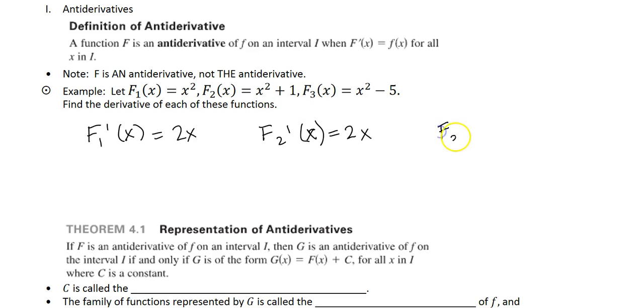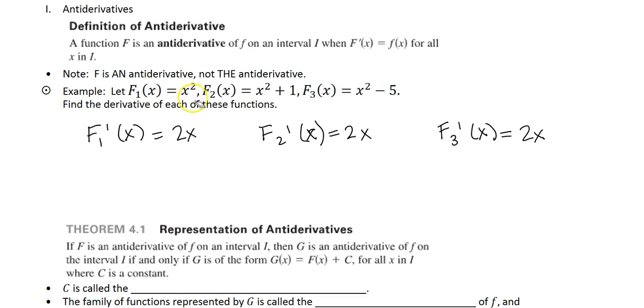And if you took the derivative of f sub 3, you would get 2x plus 0. So all three of these have the same derivative, which means each one of these is an antiderivative of the function 2x. So you can have more than one antiderivative.